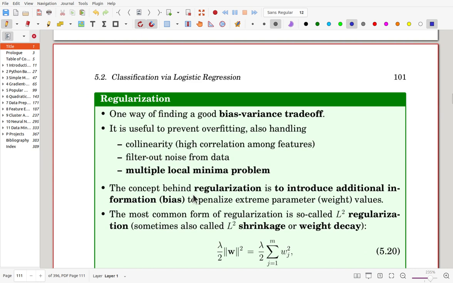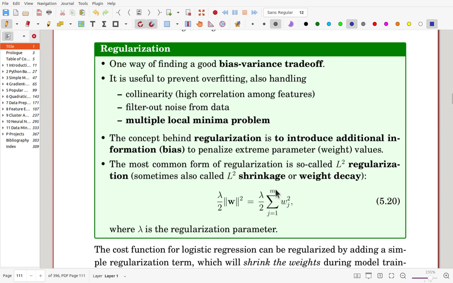Regularization is one way to find a good bias-variance trade-off. Also, by using regularization, we can handle to some degree the multiple local minima problem. I'll explain later on what it means.